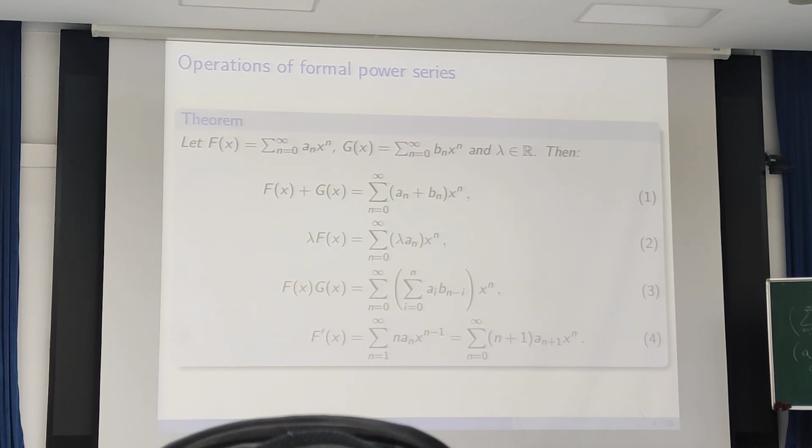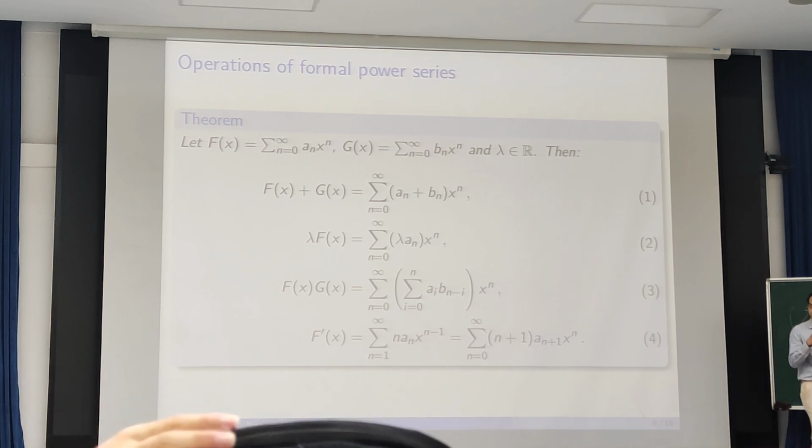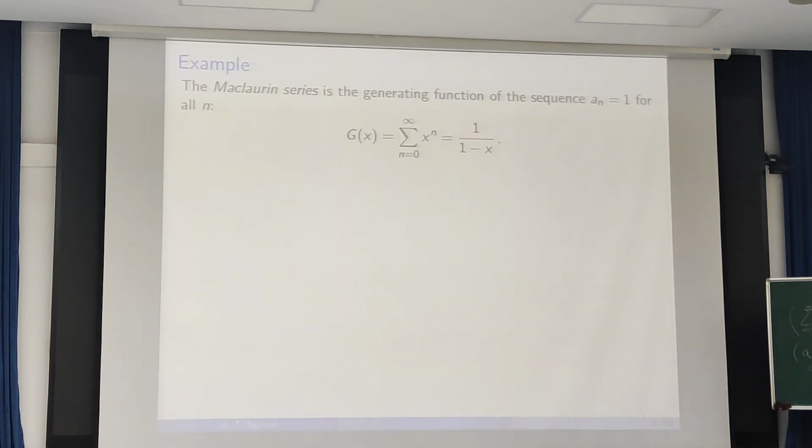And of course, you can do the converse of the derivative. You can also take the primitive of a power series. Okay, so let us illustrate these operations with an example.